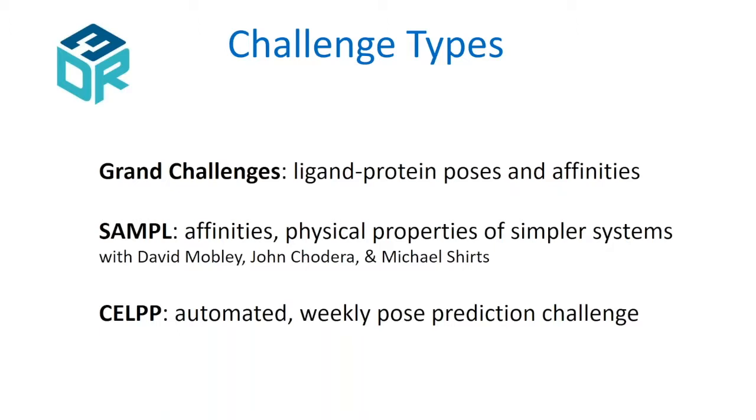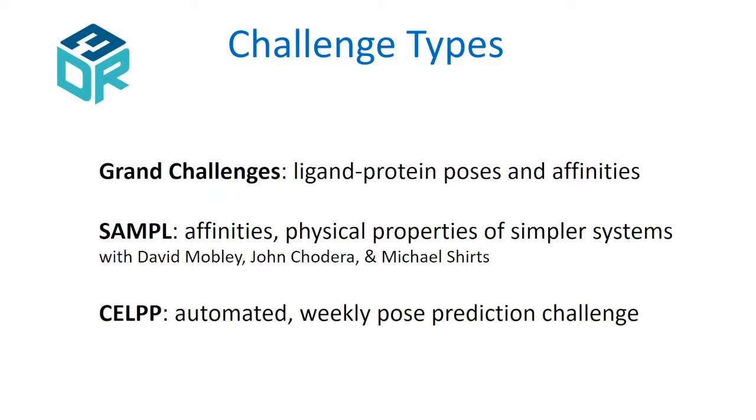So we have three main challenge types that really drive our core efforts. The first are the grand challenges, where we're really focused on ligand-protein receptor complexes, looking at pose prediction and affinities or binding free energy predictions. We have also helped to carry out some of the SAMPL exercises or SAMPL challenges, and here in SAMPL, the focus is more on simpler model systems where they look at affinities and other physical properties of these simpler systems.